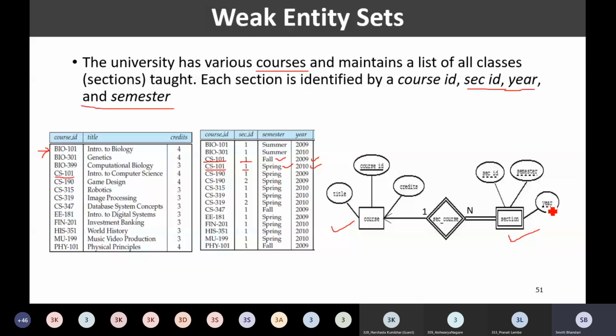So always to identify which section is being taught in which semester and which year, we need to take help from this other entity set, that is course, right?